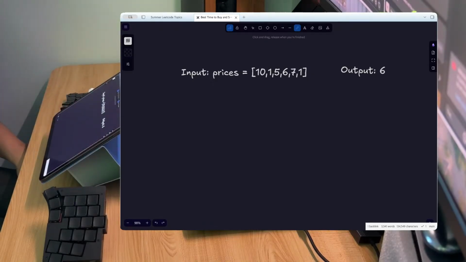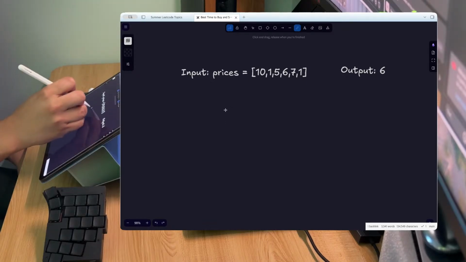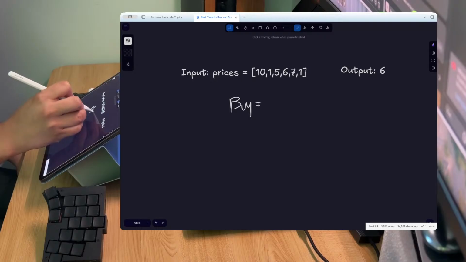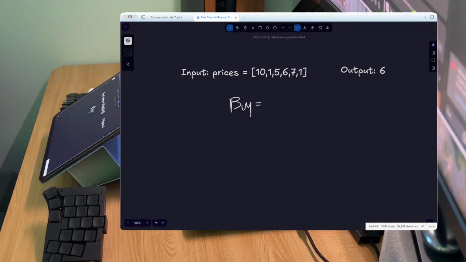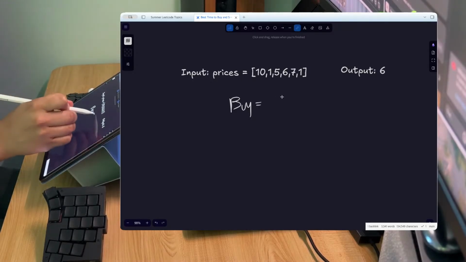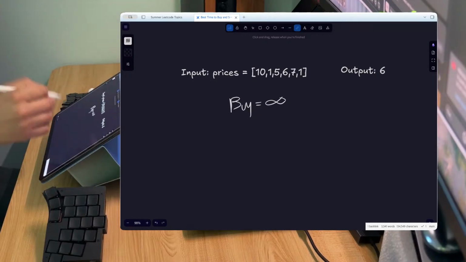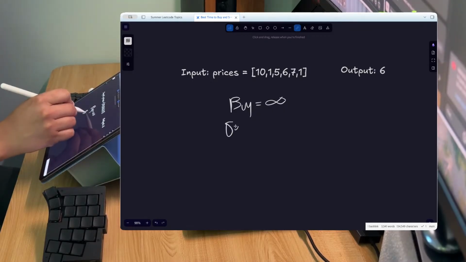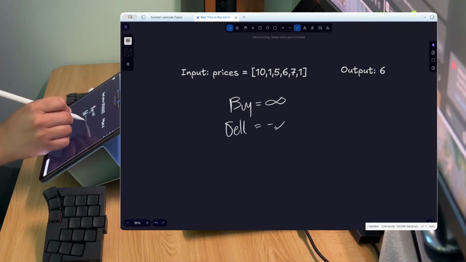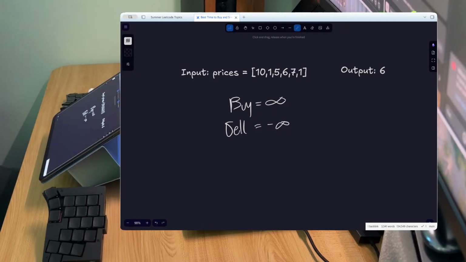Okay, what was I thinking? That second hint. I have a buy variable, set the buy at a really high value, same thing we had last time. And we'll have a sell at a really low value.